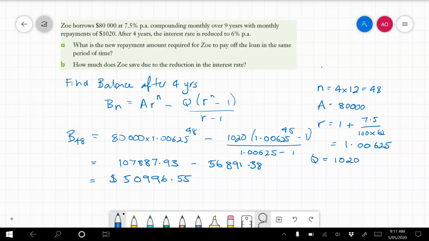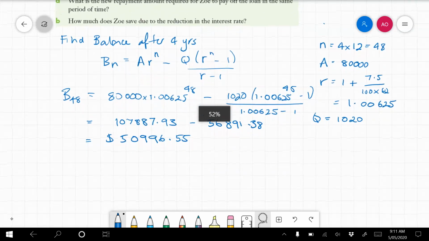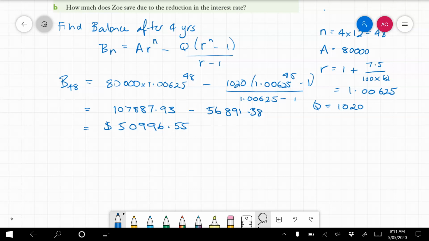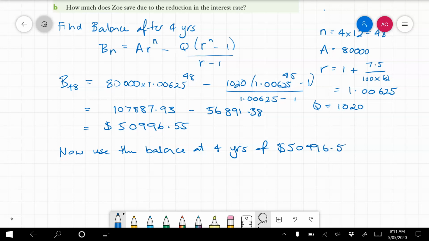That's the first part, because now I need to know the new repayment. I found the balance in 4 years' time, so what's the new repayment? That's the other equation, the Q equation. We use the balance at 4 years of $50,996.55 to determine the new repayment.